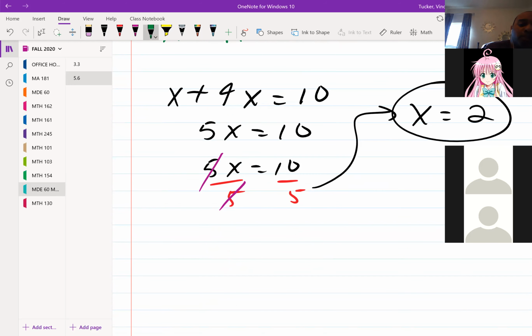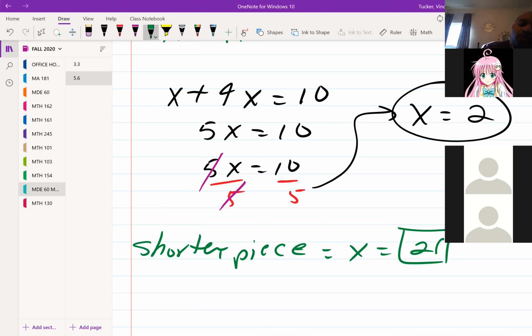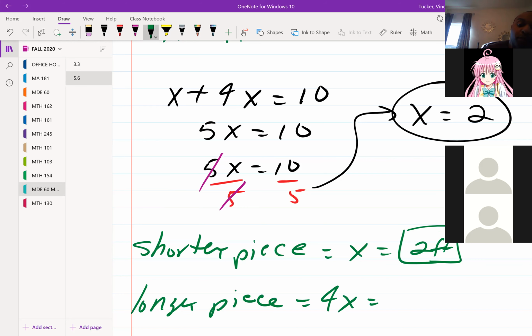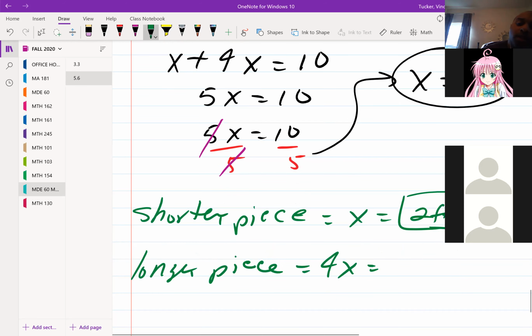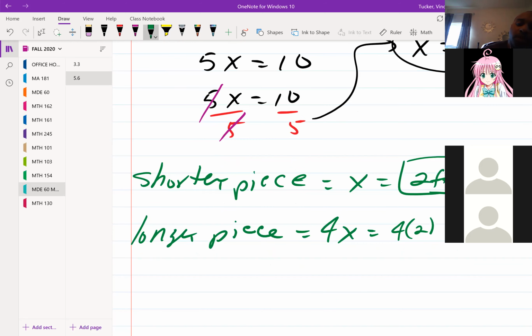We established that the shorter piece was X, and since X is equal to 2, that one is 2 feet. And then the longer piece. Now, don't forget, when it comes to my math lab, it's going to ask for both pieces, not just one. So don't forget that.